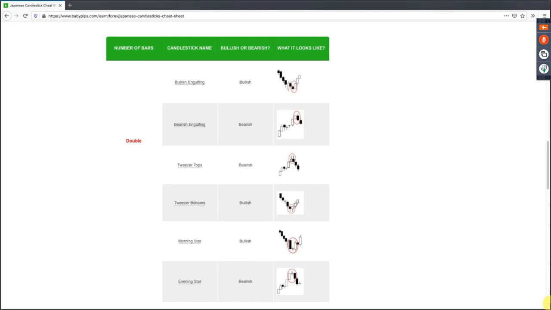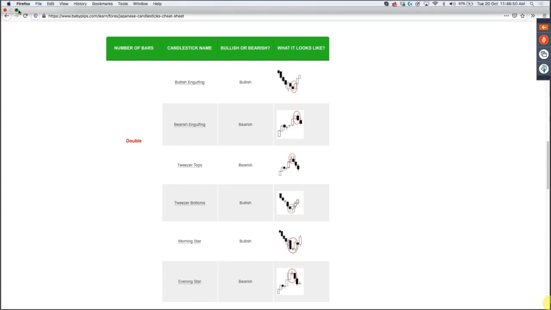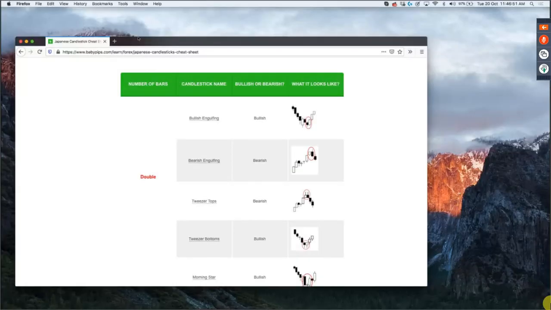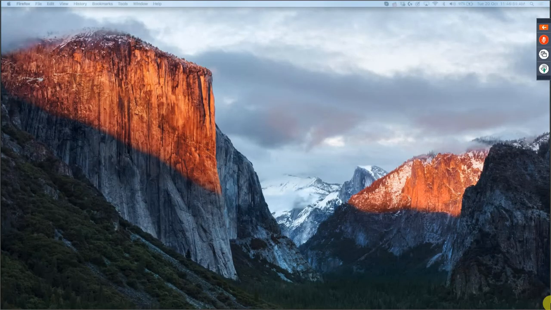So I'm just going to log into TradingView. Let me just bring this window up in a while. Let me just log in and we'll get there.